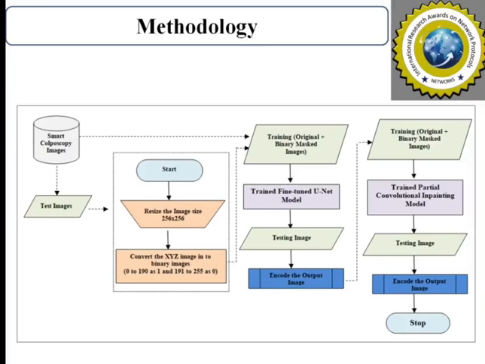The methodology involves Smart Colposcopy images collected from the public database Kaggle. The images are resized to 256 by 256 because the captured images are normally very large, and during the deep learning procedure this may affect the computational time.